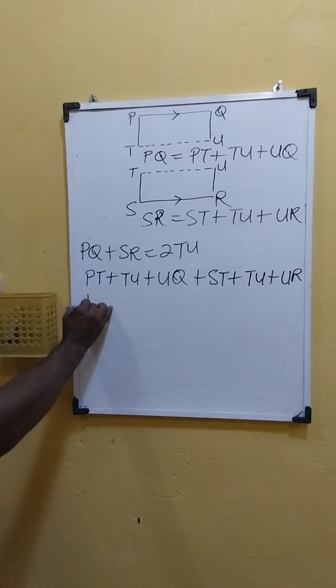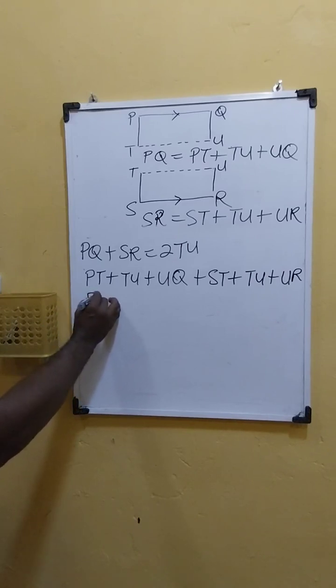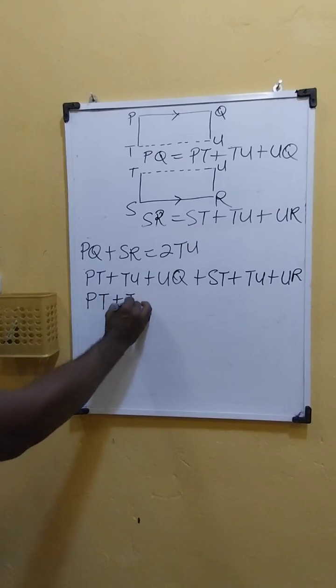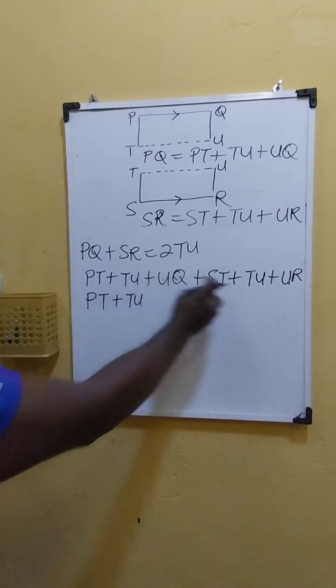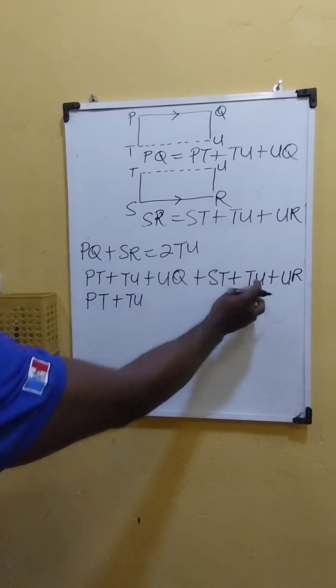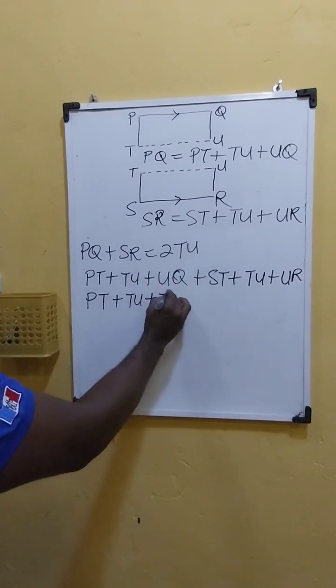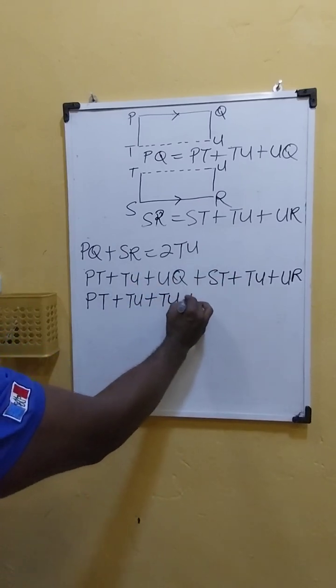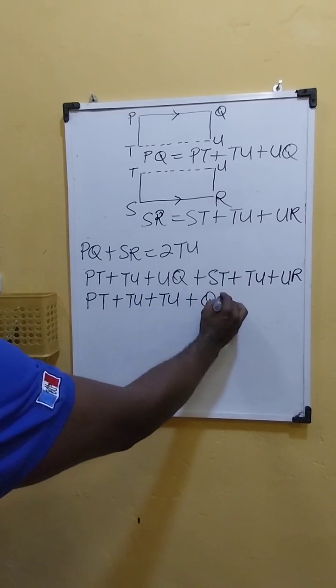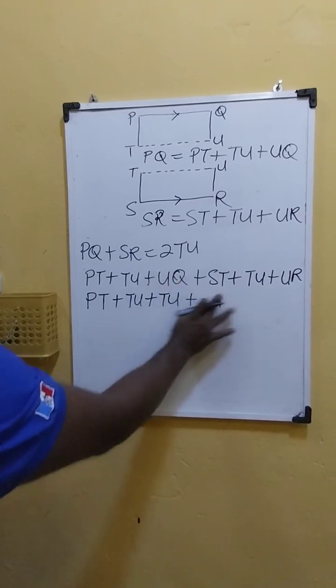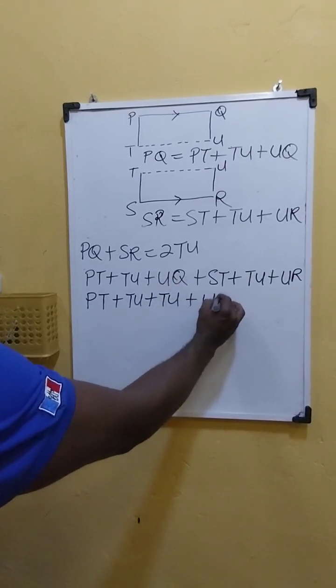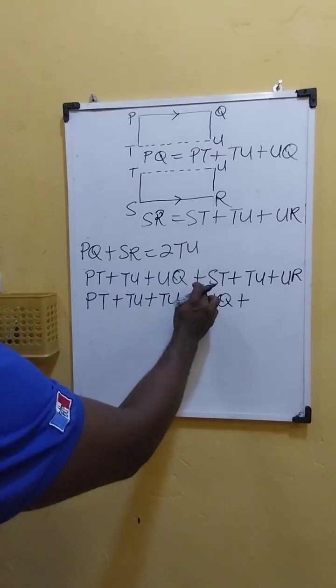It is actually PT. We have PT plus TU. There's a TU here. There's a TU here. Have you seen that? So you bring it close. TU plus UQ, sorry, this is UQ rather. UQ plus what?